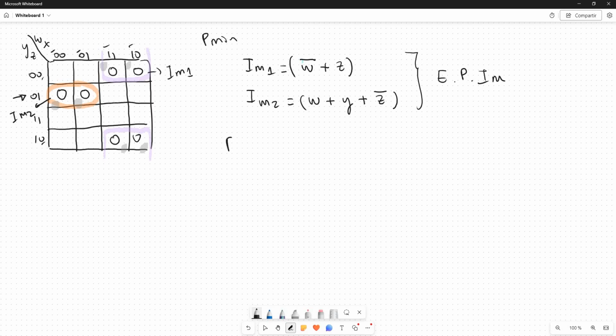So the function, the minimal product, is going to be implicate 1 multiplied by implicate 2. Remember that it is a product, not a sum. With implicate 1 we are covering these zeros, and with implicate 2 these zeros. So all the zeros are covered, so we have finished. This is the minimal product.